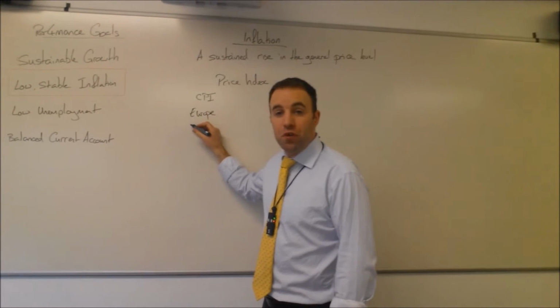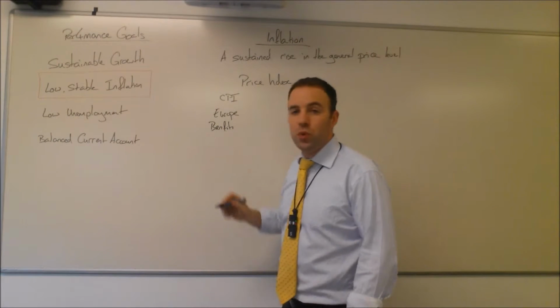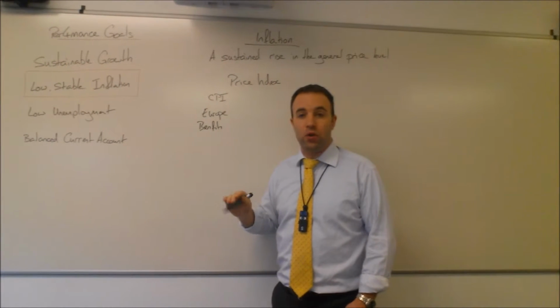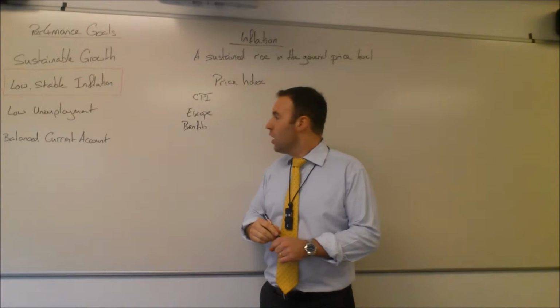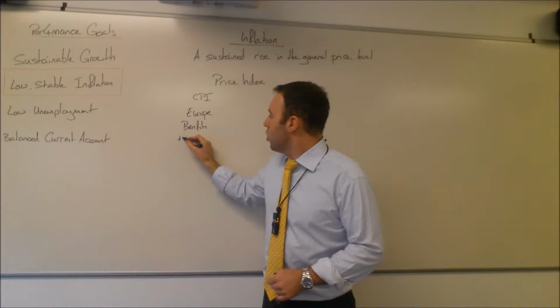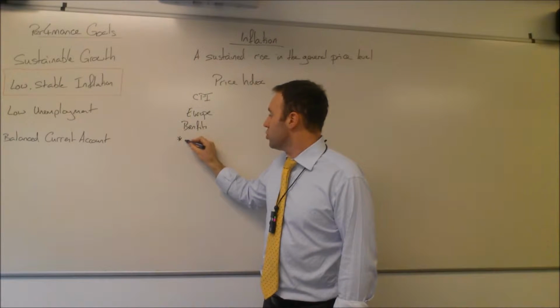And it's the government's preferred measure. So we use it to see whether we should be putting benefits up or down, pensions up and down, that kind of thing. The major thing to know about this is it doesn't include some housing costs.